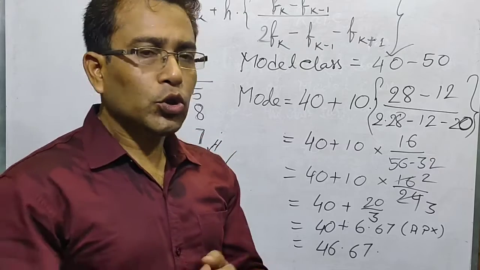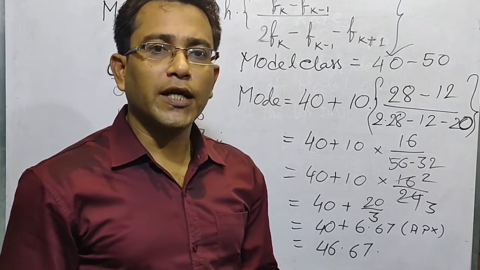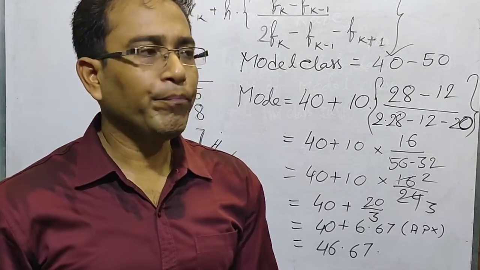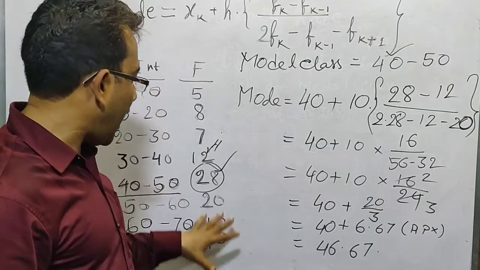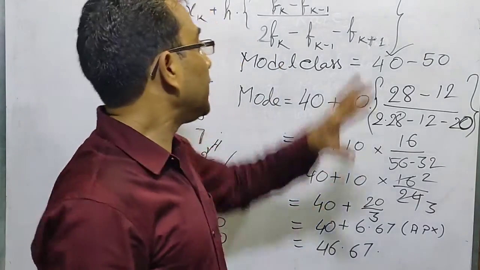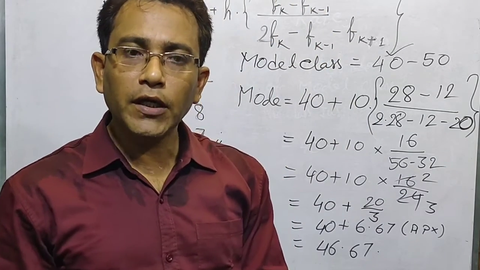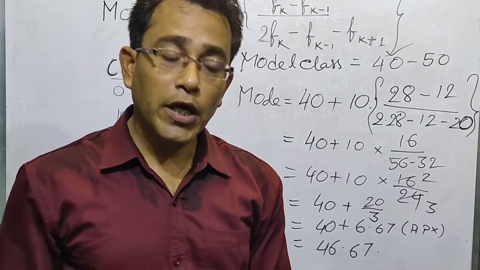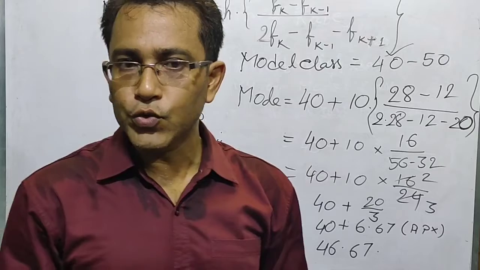Then through using the cumulative frequency, we can calculate the median. Now, just by the class interval and the frequency, we can calculate the mode. These are the basic three formulas to calculate mean, median, and mode. Remember, all of these values are average values.